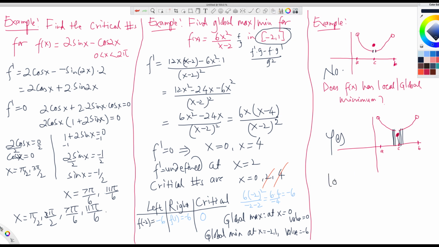So there is a local and global min at x equals C. But here it is not. Why is that? Because at x equals C, this is bigger than near C, but after that, other points have heights lower than that. Okay, so this is no and this is yes. Okay, guys. Thank you very much.